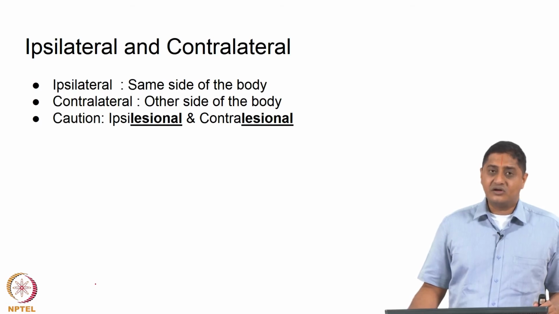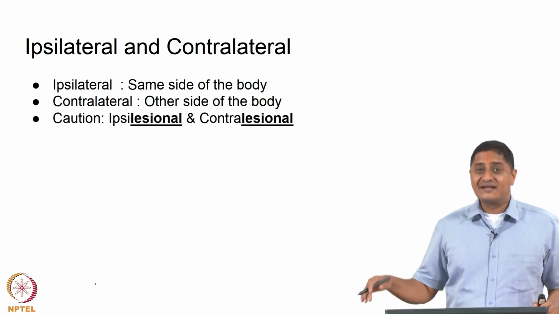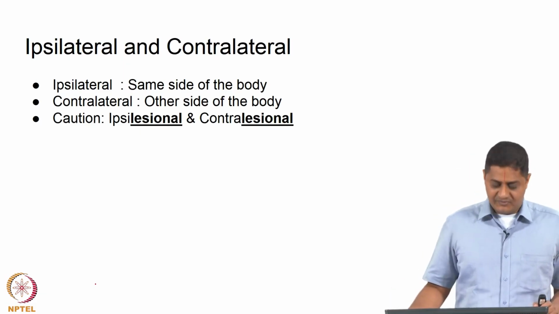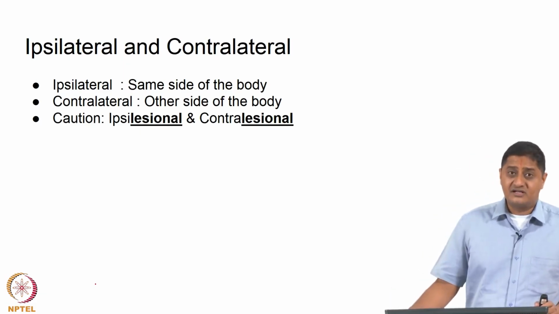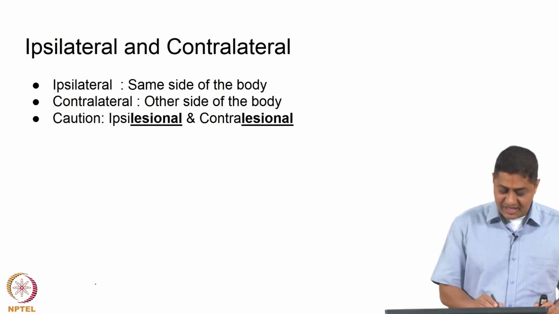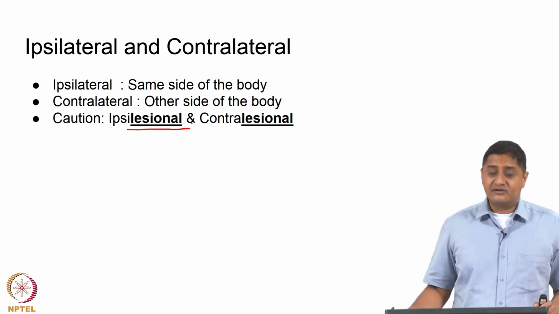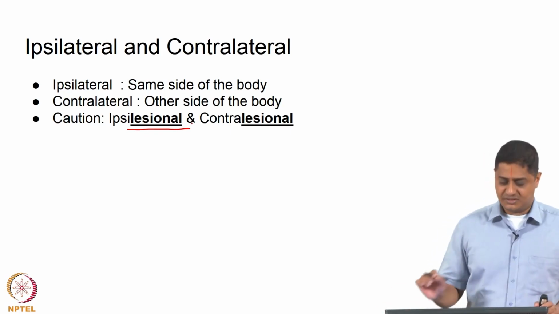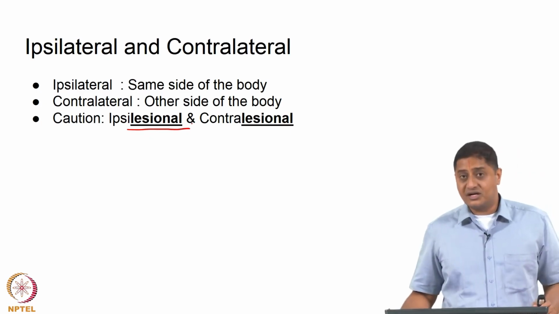Contralateral refers to the right side of the body when considered from the left side of the brain. An important caveat: when you say ipsilesional, that refers to those parts of the body that are on the same side of the lesion. Contralesional, on the other hand, refers to those parts of the body that are on the opposite side of the lesion.